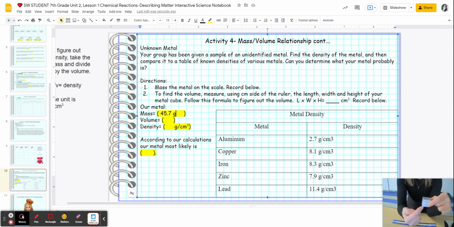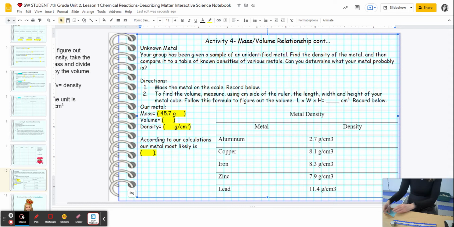You can see that I've gone across, up, and back. I'm going to start with the length here. Its length is 2.5 centimeters.